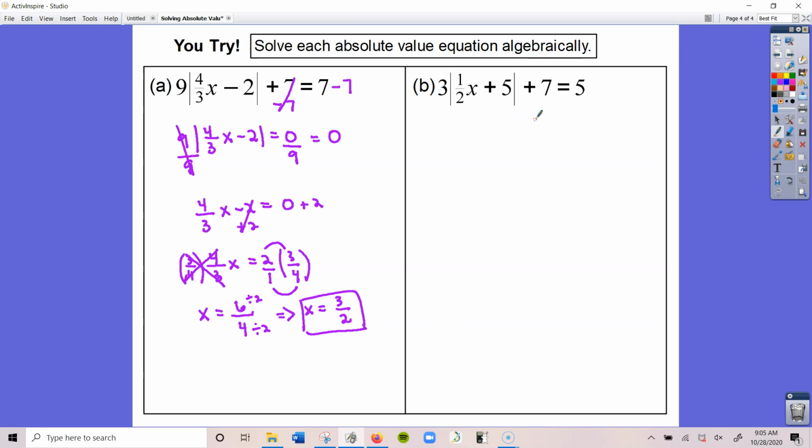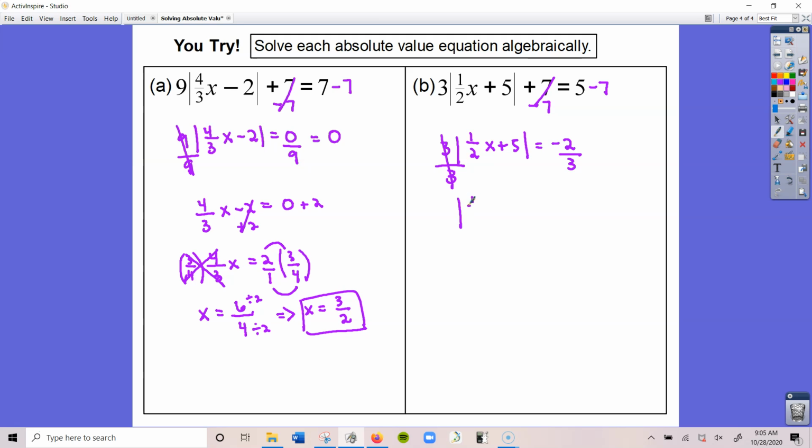Now let's look over here. I have 3 times the absolute value of 1 over 2x plus 5, plus 7, is equal to 5. So I'm going to subtract the 7. And I get 3 times the absolute value of 1/2 x plus 5 is equal to negative 2. Then divide by the 3 so we can isolate the absolute value.